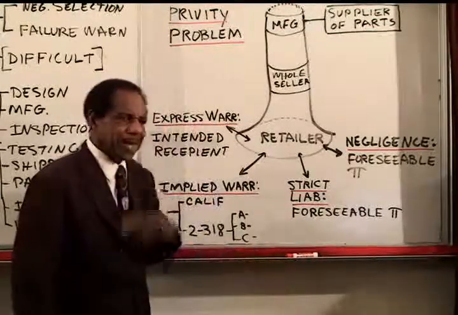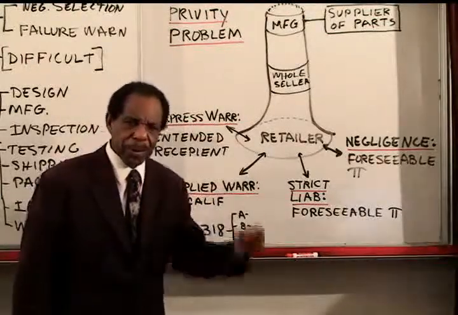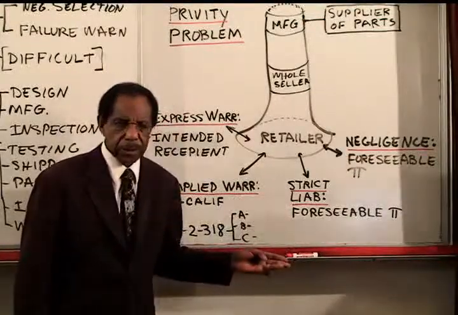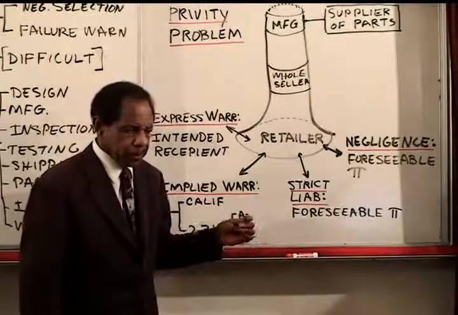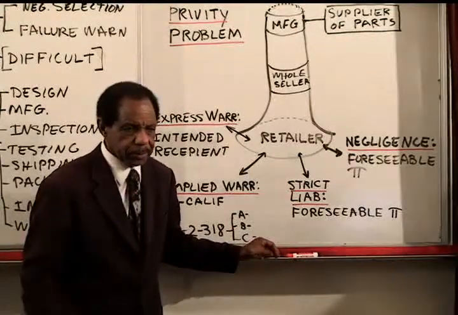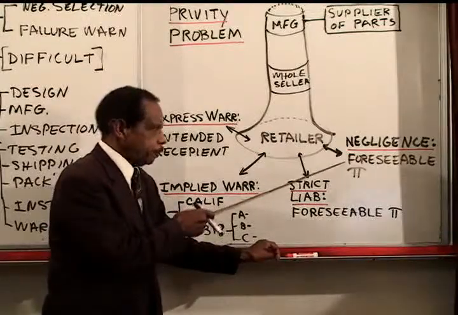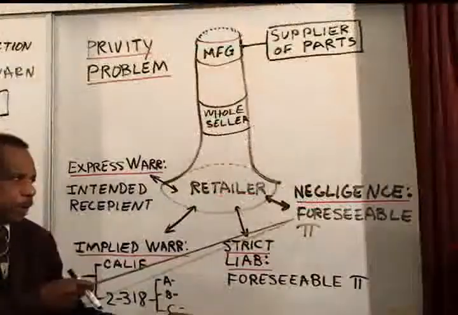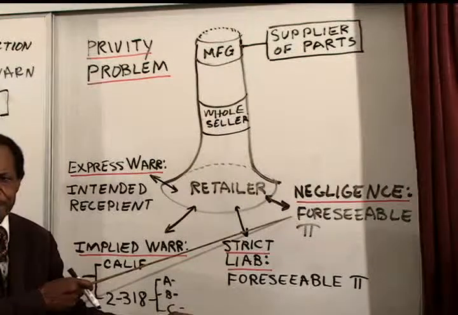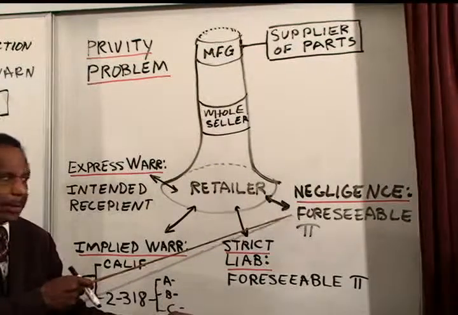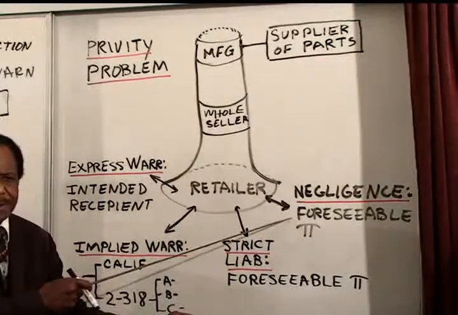So if my loss of economic gain is connected to a physical injury or property damage, I can collect it. If it's by itself, I cannot.